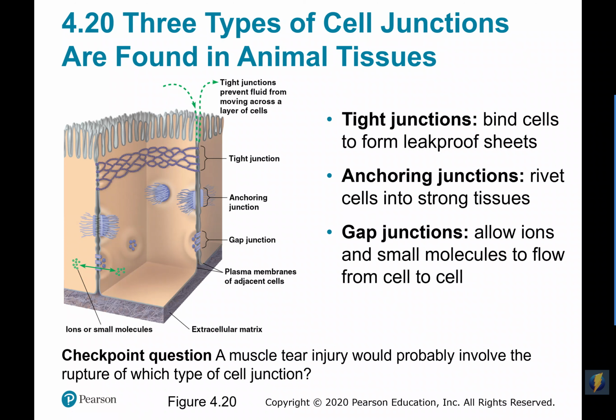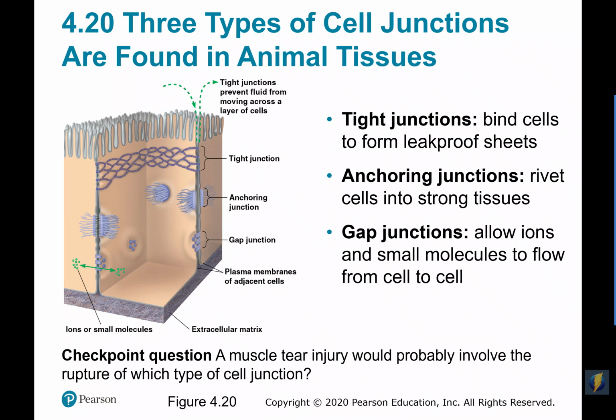They're like the stuff that you have on little kids' shoes. Velcro. Couldn't think of that there for a second, right? You know how Velcro sticks to each other so that you can't pull it apart? Well, that's what these anchoring junctions help do. They help keep our cells really anchored and connected to each other so that they would not split.